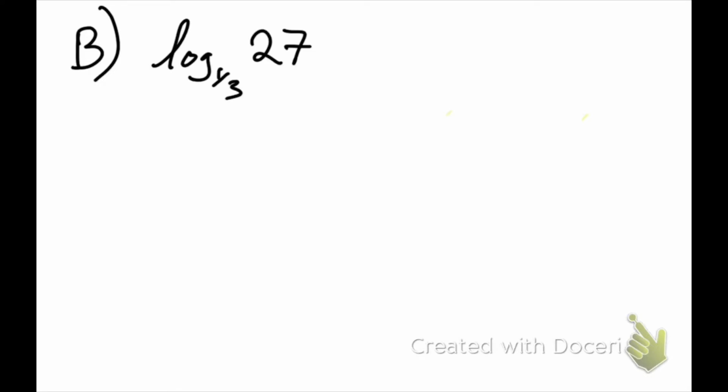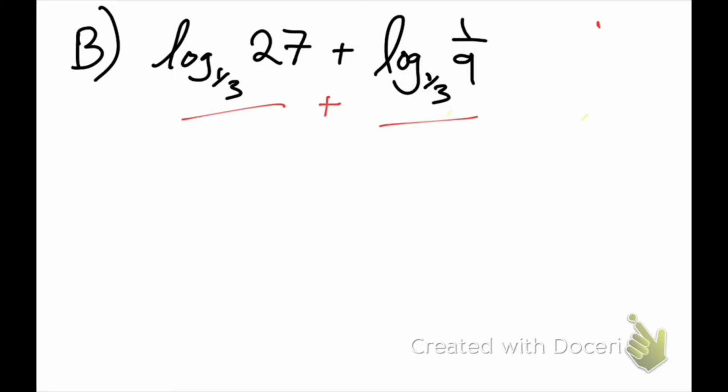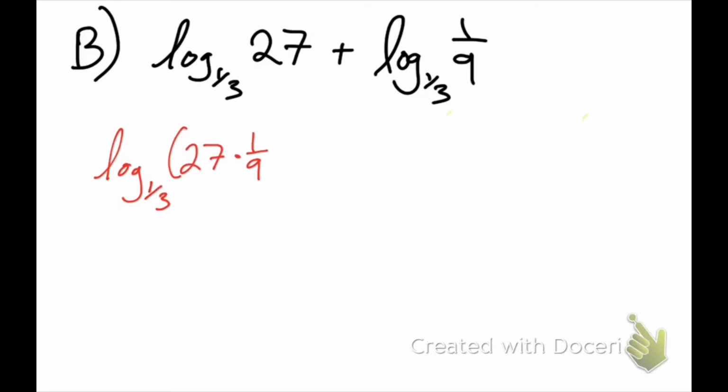Example B. Let's say I took log base 1/3 of 27 plus log base 1/3 of 1/9. Again, you could solve each of these individually, then add them together, but notice that it's a lot easier if I combine this into a single logarithm. So log base 1/3 of 27 times 1/9.